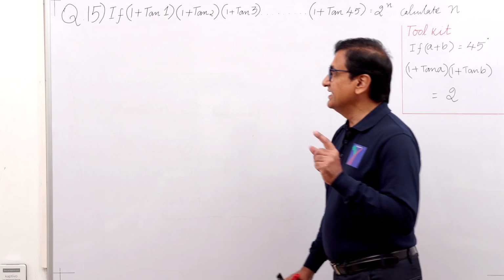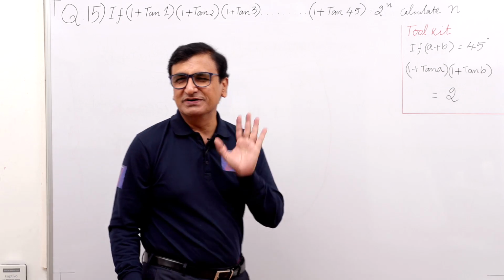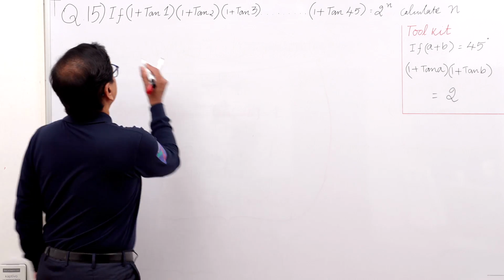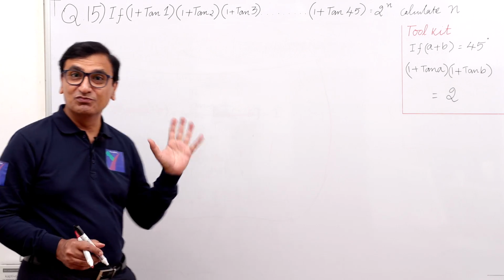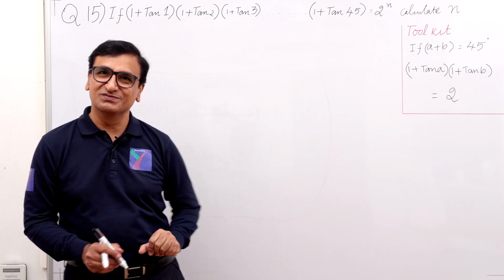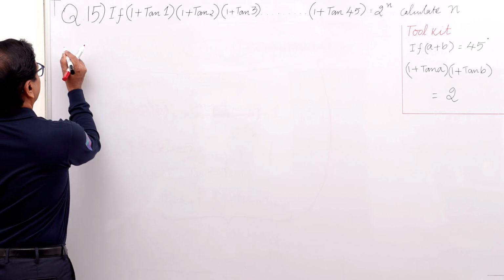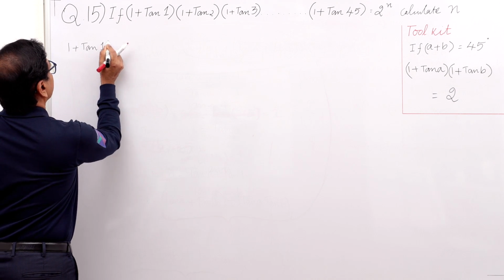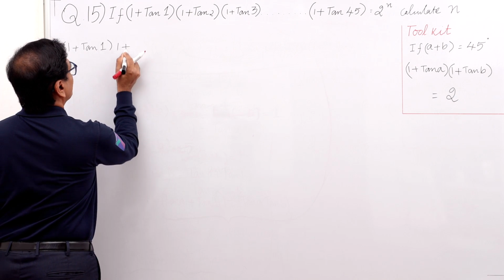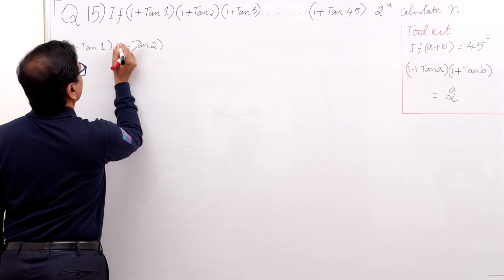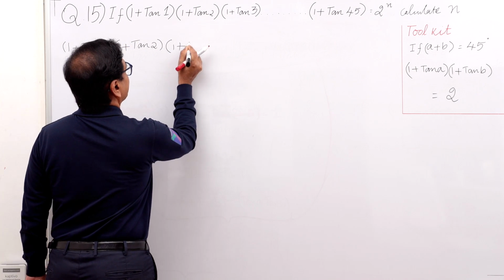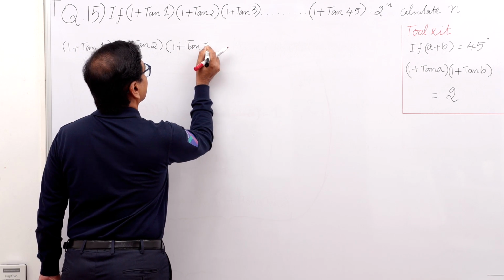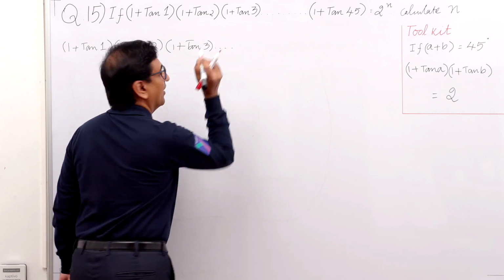Let's do one thing. Let's rewrite the original problem a bit differently. What I'm going to do is include more terms in this problem. So I'm going to write it as (1 + tan 1), (1 + tan 2), (1 + tan 3).